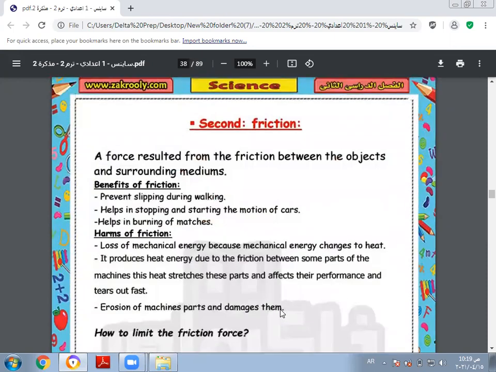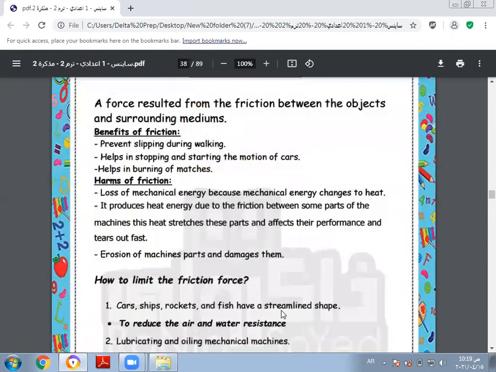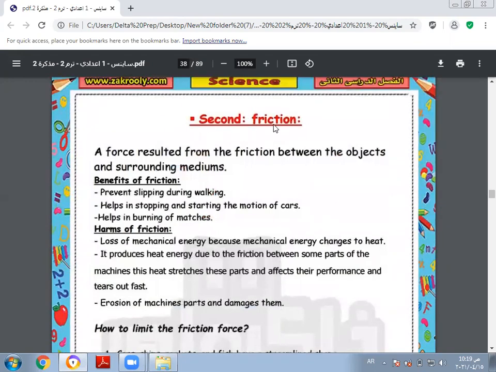Number 2 is the friction force. What does friction force mean? Force resulted from the friction between an object and the surrounding medium. So friction occurs between an object and the surrounding medium, which generates a force known as friction force.